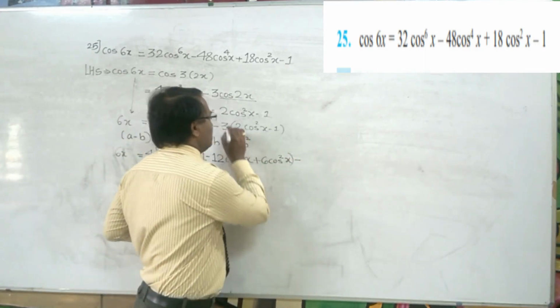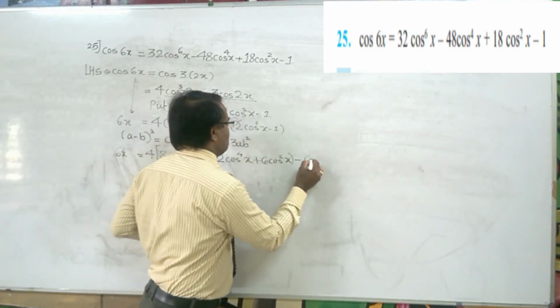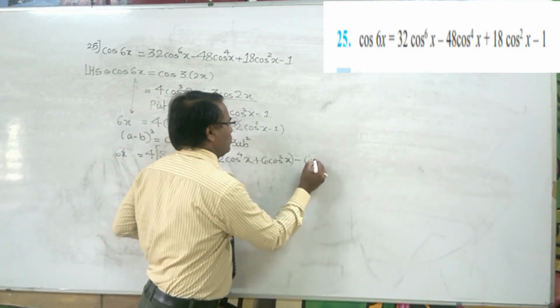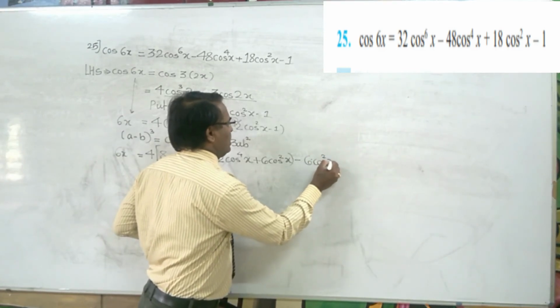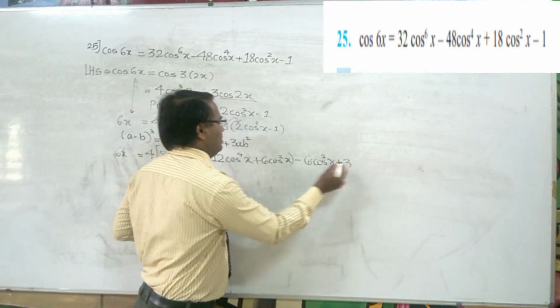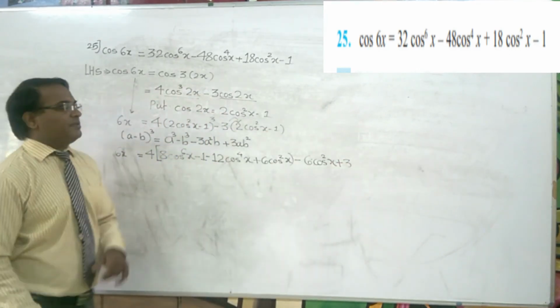Now minus 3 into 2, that is 6 cos square x, and then plus 3 into minus 1, that is plus 3.